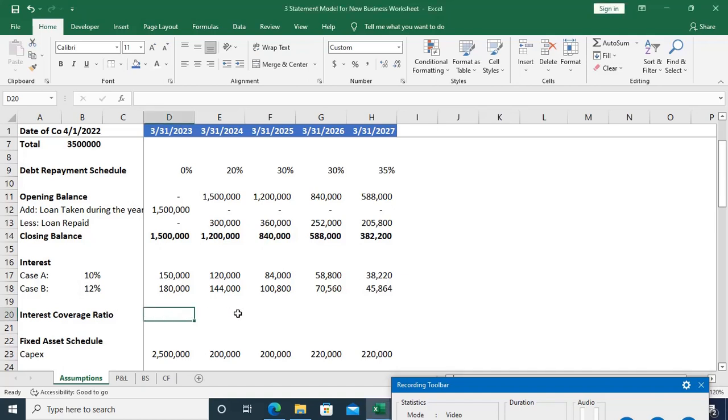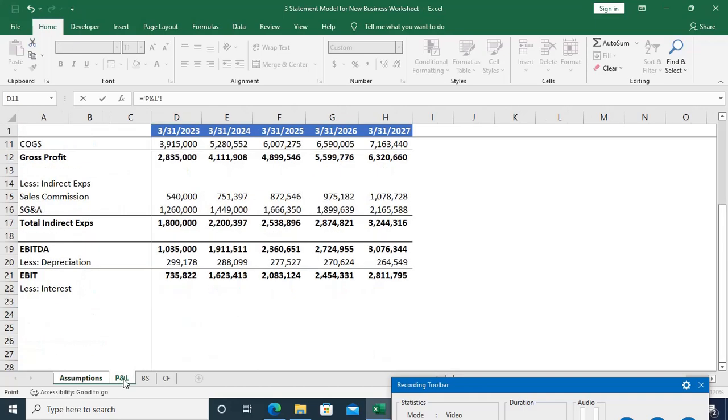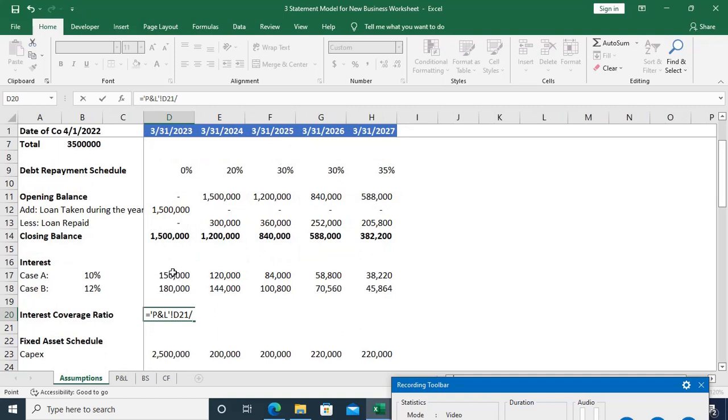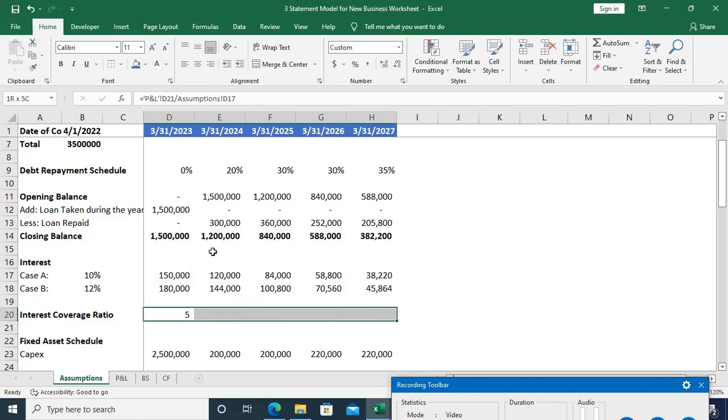Interest coverage ratio, how we can calculate it: press equal to EBIT divided by, Control Page Up, press this, check this one, 10%, press enter, and this is the interest coverage ratio of 5.